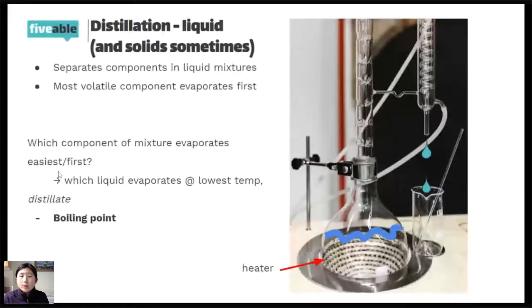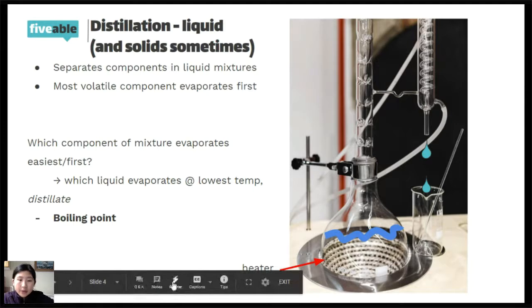As we heat it up from room temperature, one kelvin at a time, the one that evaporates first is the one that evaporates at the lowest temperature. So we're basically trying to find out which liquid evaporates at the very lowest temperature.